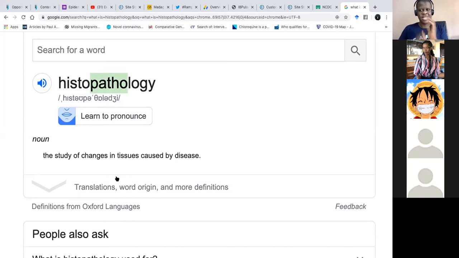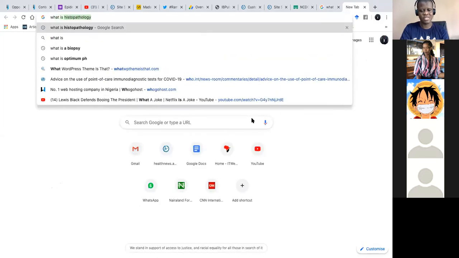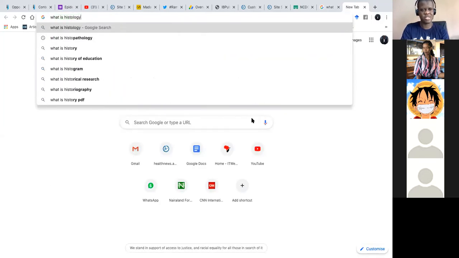So there is a whole lot of difference. At this level, you should know that when you want to define something as in health and disease, when the term pathology is there, it's no longer in health, it's already in disease state. So there is a difference between, okay, everybody look up what is histology.